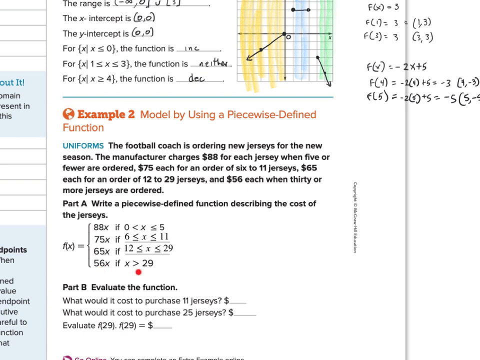So anything greater than 29 is going to be $56 each. I don't know why they wouldn't just say 30 or greater.